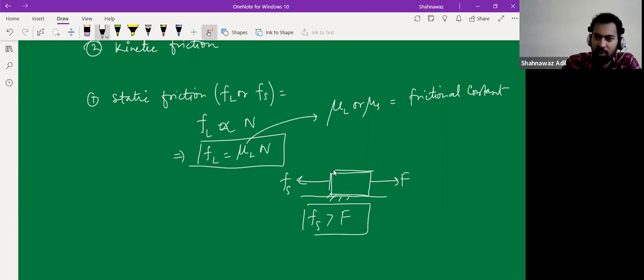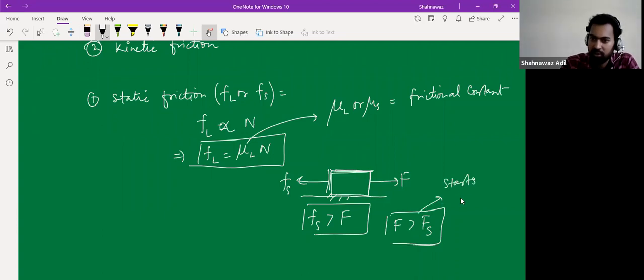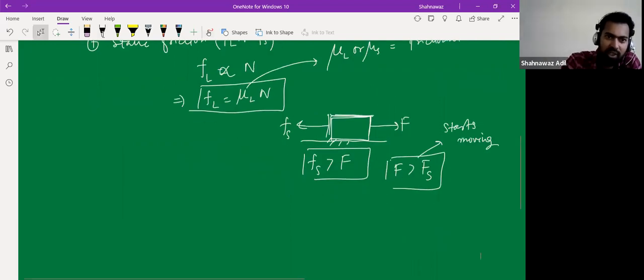So this is making the body not move. And when this force F is greater than Fs, then the body will start moving. So when the body starts moving, the other kind of friction force applies on it, and that is the kinetic friction.